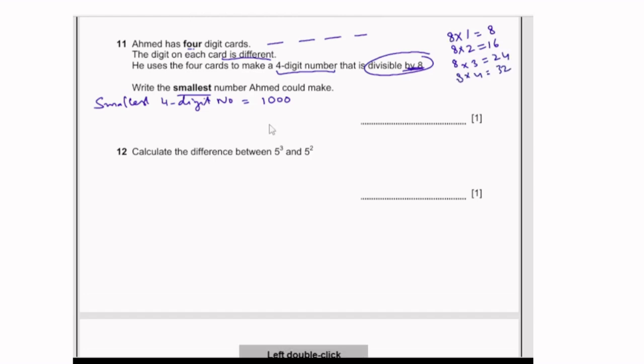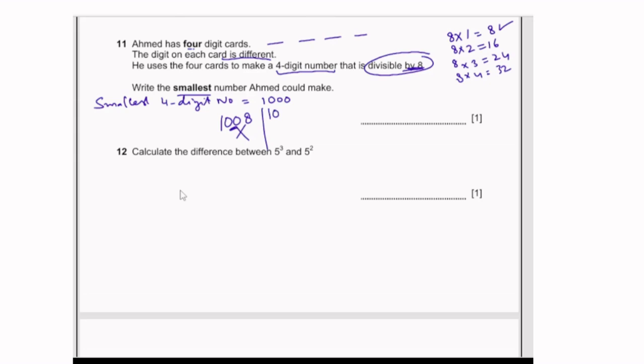So we are looking for the smallest number that he could make. Let's say if I take 1008, this number is going to be divisible by 8, replacing the last digit by 8, but then the 2 zeros are repeated, so we cannot take this one, right? So let's see the next one.